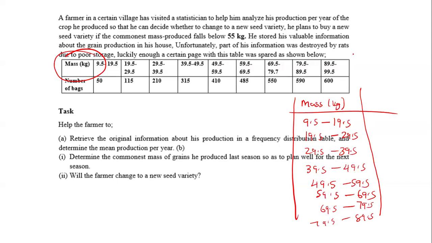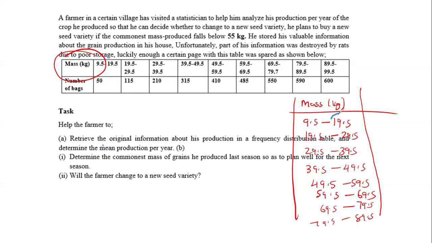Whenever they give you things like these, be very, very observant. When you read through this task, they ask you to retrieve the original information about the production in the frequency table.